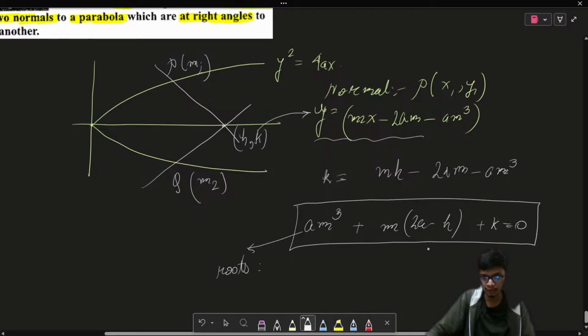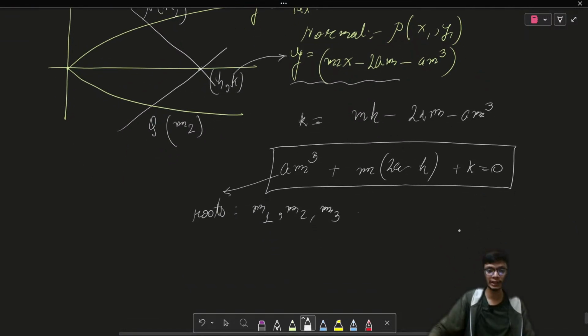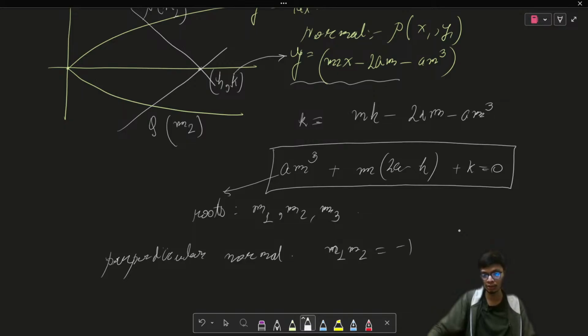So the roots of this cubic equation can be m1, m2 and m3. Since we need to find the perpendicular normals, two of the normals will have the product of slopes as minus 1.